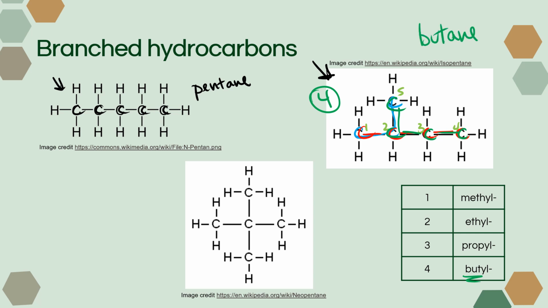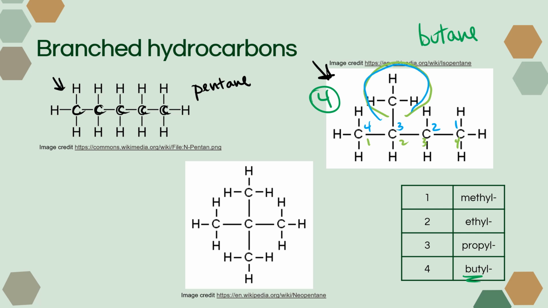But I have a super cool branch on it. So I could count 1, 2, 3, 4, or I could count 1, 2, 3, 4. I want to start counting from the end that's closest to the super cool special thing, which in this case is this.